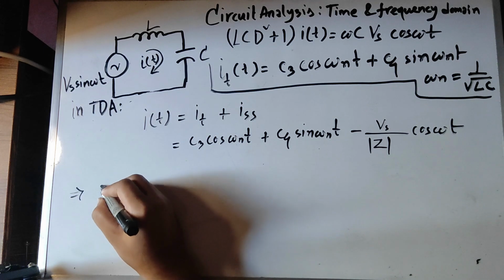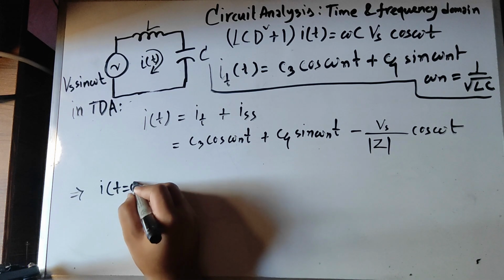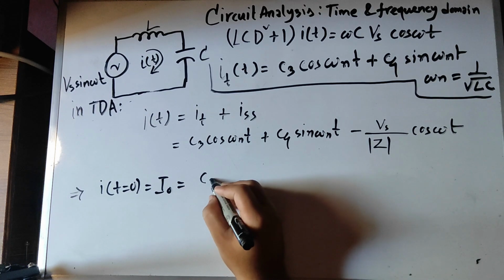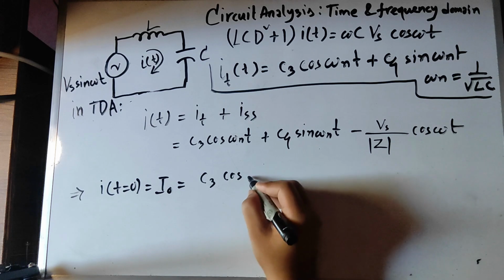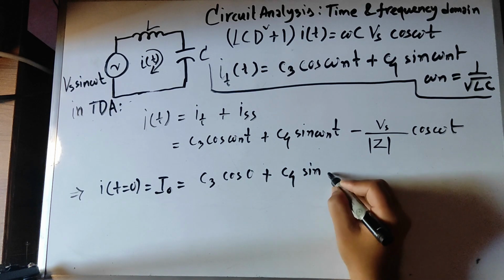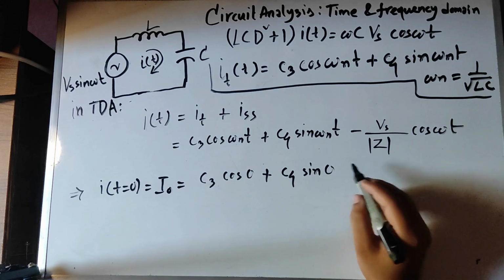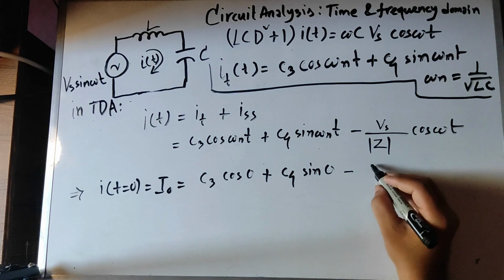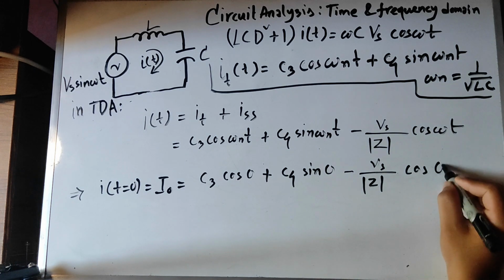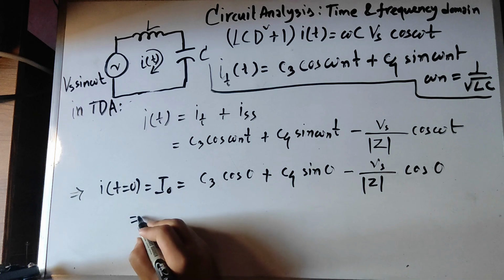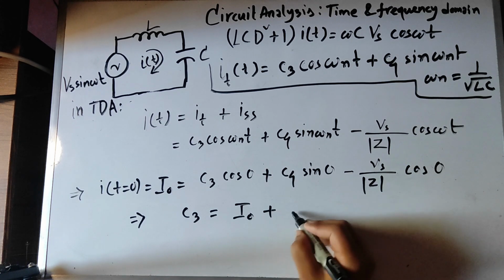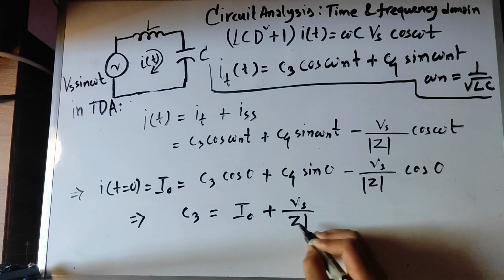So I at t equals 0 is the initial current, which gives us C3 cos 0 plus C4 sine 0, minus Vs by impedance cos 0. So this will give us C3 equals I0 plus Vs by Z.